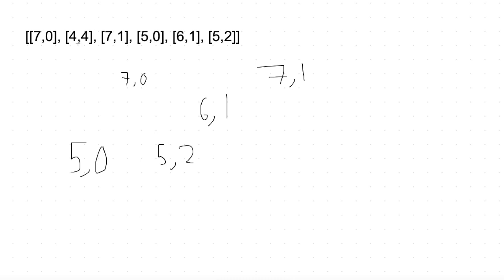And finally we have 4, 4, and there's only one position it can go because there must be 4 people in front of it. And notice that by going in descending order, we're guaranteeing that everyone in front of the position that we're inserting into has a height greater than the current height that we're working on. So 4, 4 must go here. And by looking at this, we see our final answer: 5, 0, 7, 0, 5, 2, 6, 1, 4, 4, 7, 1.